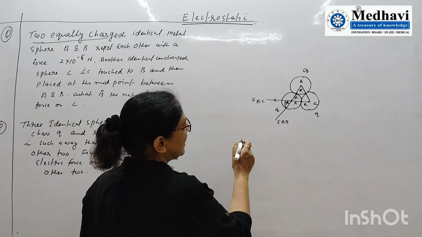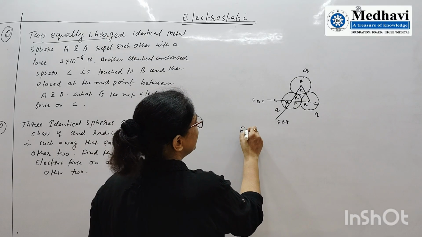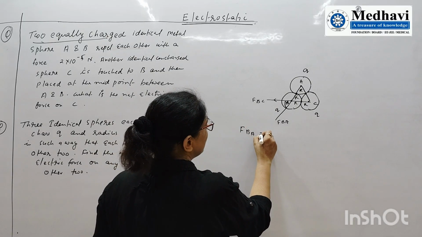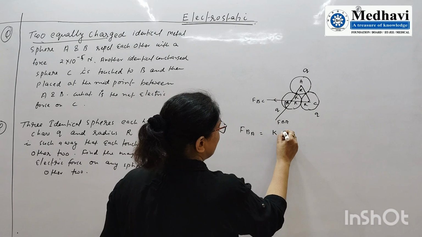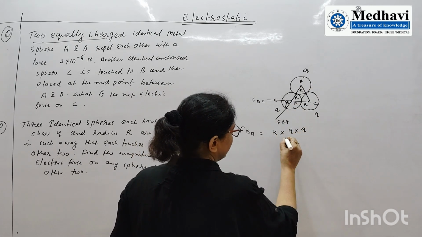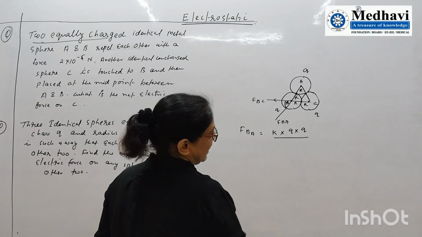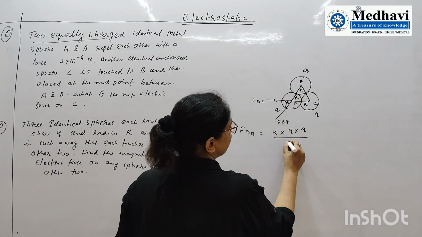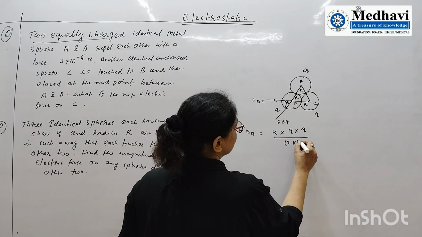So we can simply calculate that the force on B due to A is equal to K times the charge on A into the charge on B, over the distance between them, which is 2R whole square.